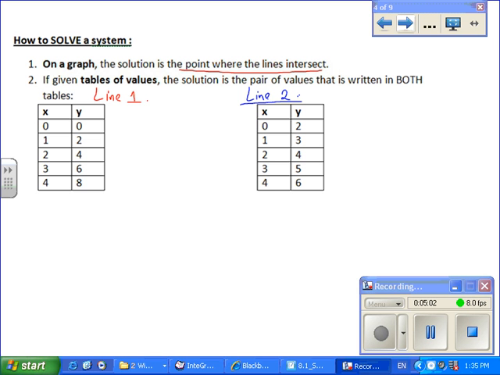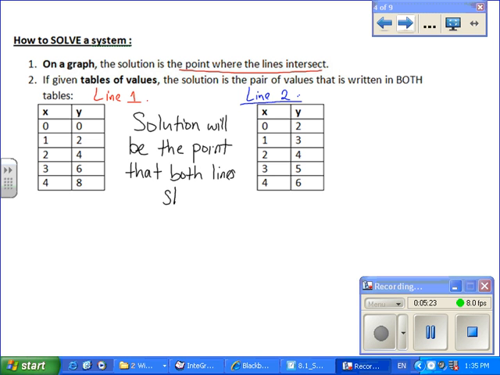So you're looking for some point, the solution, okay, it will be the point of intersection, but it will be the point that both lines share. So we're looking for some point, x, y, that they both have in their table.